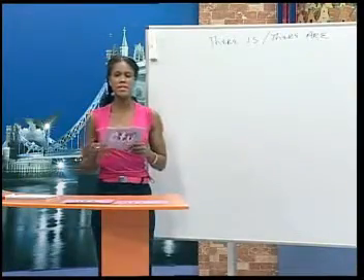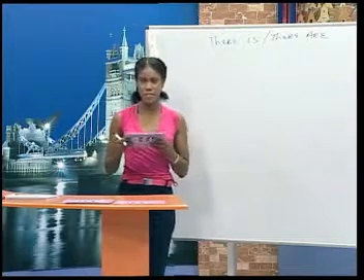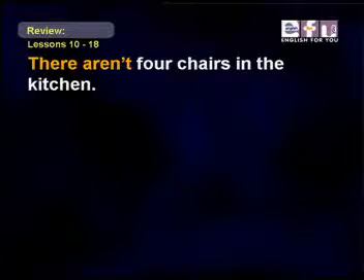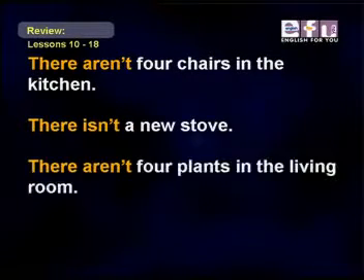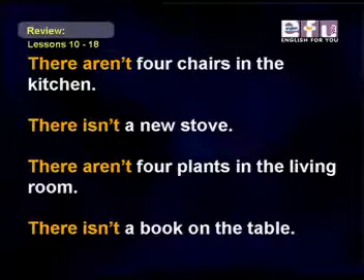They can also be used in the negative. For example, there aren't 4 chairs in the kitchen. There isn't a new stove. There aren't 4 plants in the living room. There isn't a book on the table.